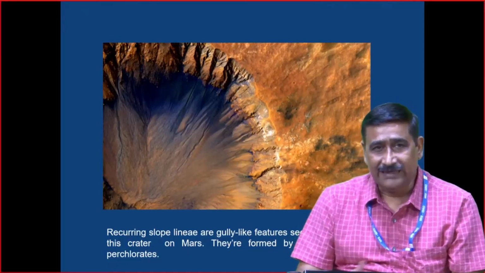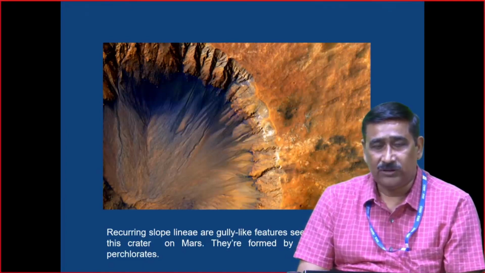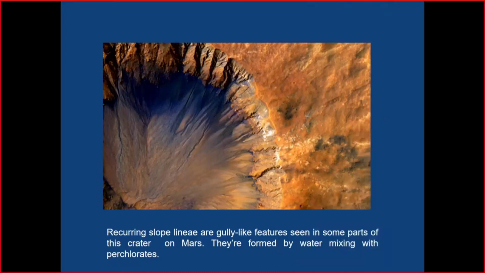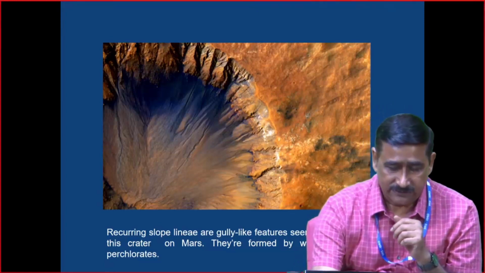If there is salinity or a brine component, then even in this low pressure condition it can form in liquid form. But this is the hypothesis, and work is going on to find what was flowing there. But there are certain indications.